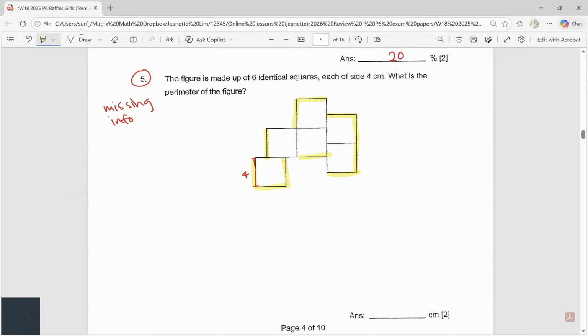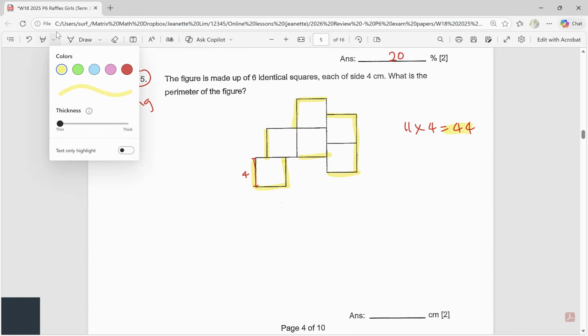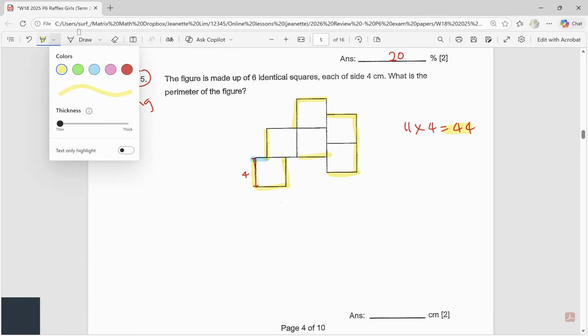Okay, so we have how many? 1, 2, 3, 4, 5, 6, 7, 8, 9, 10, 11. Okay, so you have 11 times 4, which is 44. That's the one in yellow. Now, what are we missing? We're missing this part here. Sorry, did I miss out one more? 1, 2, 3, 4, 5, 6, 7, 8, 9, 10, 11, 12.